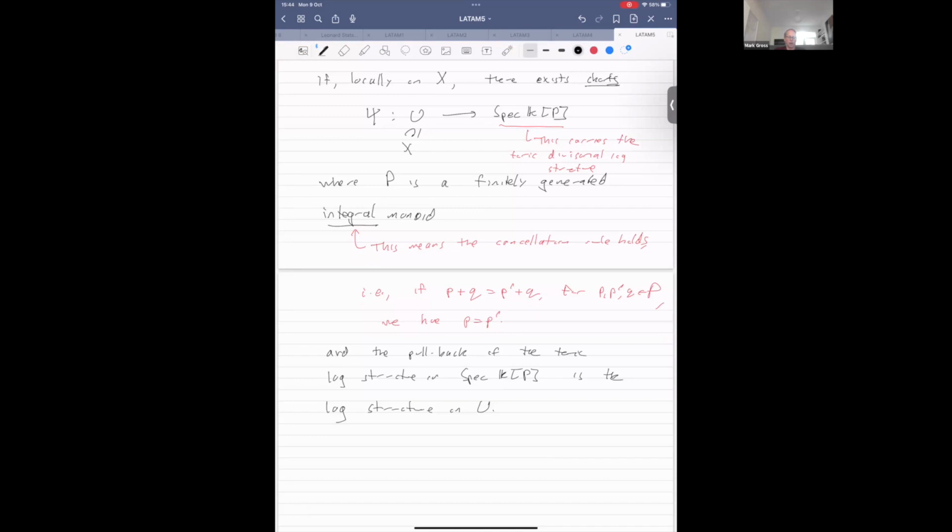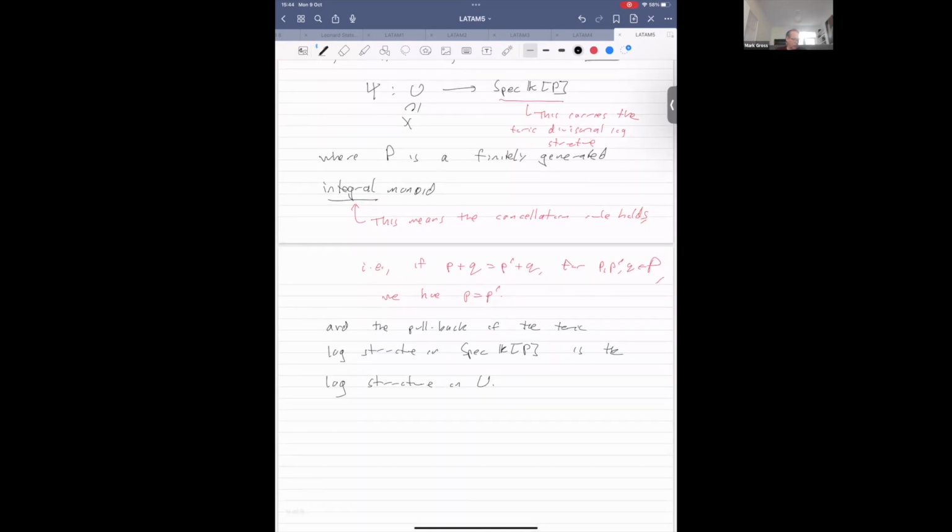Now, one more definition, and then we'll get on to hopefully see why we're interested in all these things.